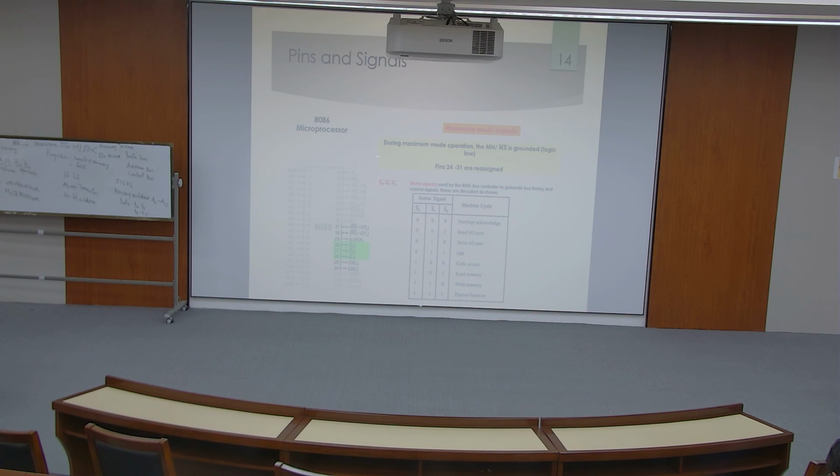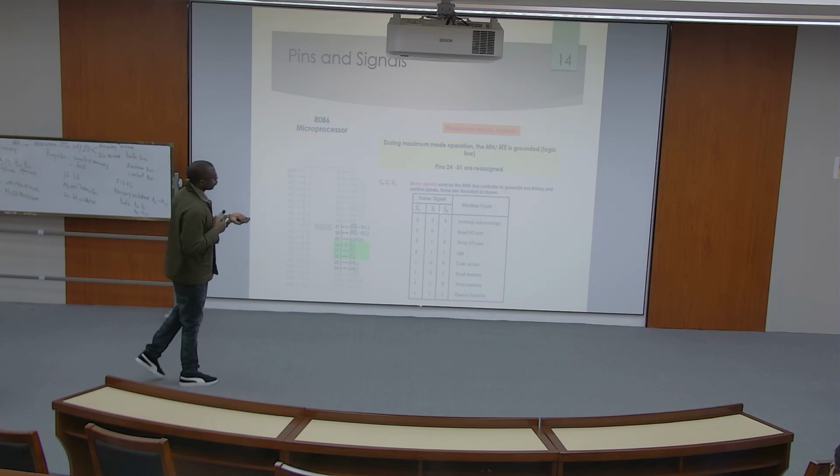These are control signal pins, and you see their settings to allow the microprocessor to be in interrupt acknowledge, or to have input output read or write, or to have halt, read memory, write memory, passive or inactive. So these control signals are used by the 8086 microprocessor bus controller to generate timing as well as control signals. They are decoded as shown in this table.